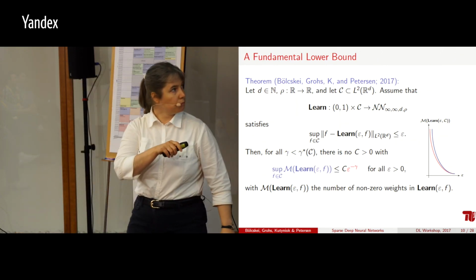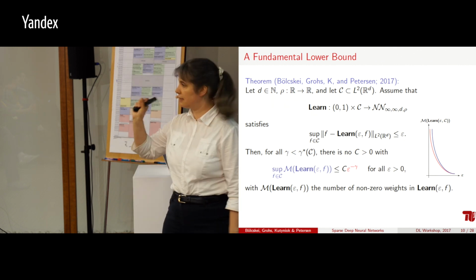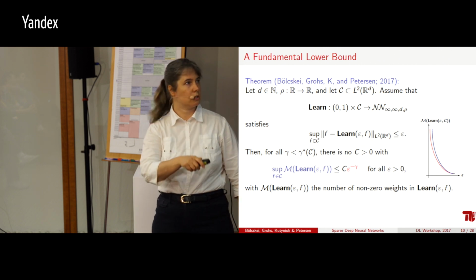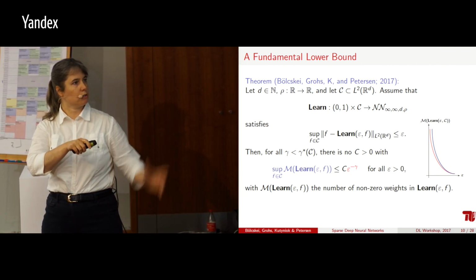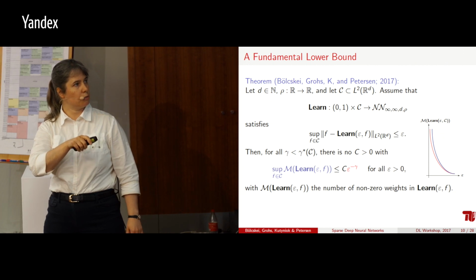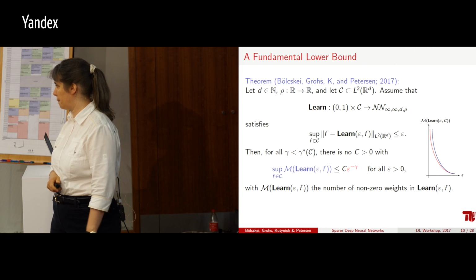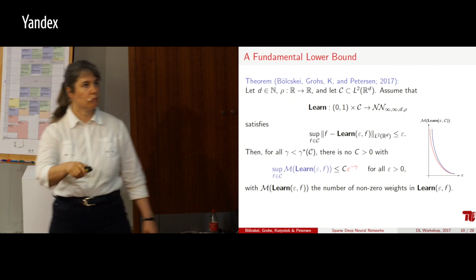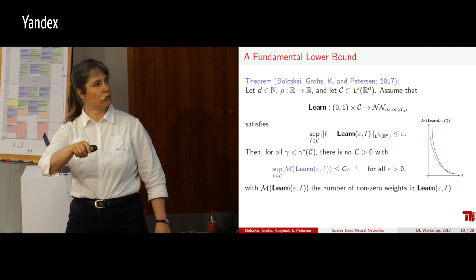If we take a gamma, which is less than this optimal exponent, there does not exist a constant c, so that the number of edges, or the number of non-zero weights in these networks, is bounded by a constant times epsilon to the minus gamma. So what does it mean visually? Let's say this is here my epsilon, this is my number of edges.